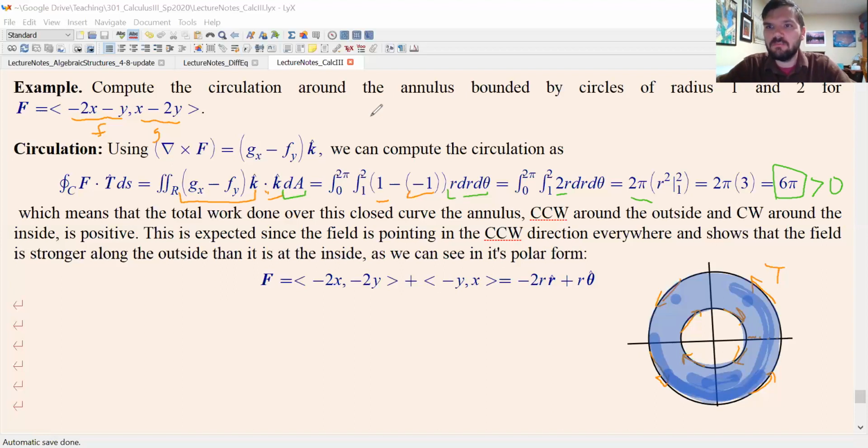So the circulation being positive means that this particular vector field is helpful in moving us along. And you may think, well, of course it's helpful in moving us around this curve, because if you look a little closer, right there and right there, it has a rotation component in it.